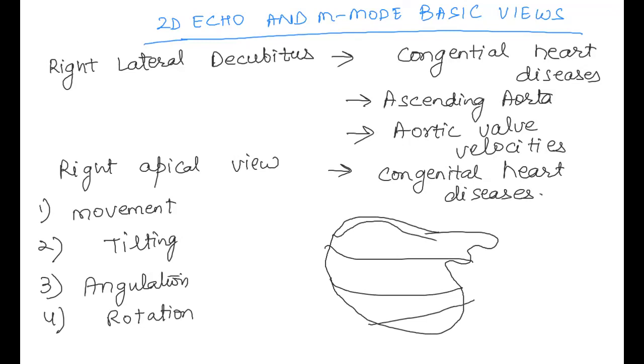So we will assume each chamber as, for example, this is left atrium, this is left ventricle, right atrium, right ventricle, like this. And then we see the different views. So we are seeing the heart from different views.